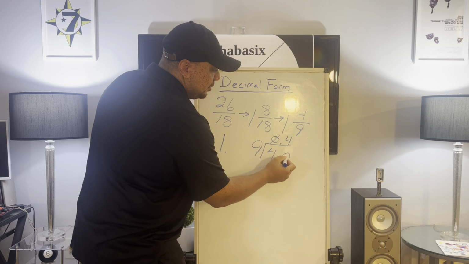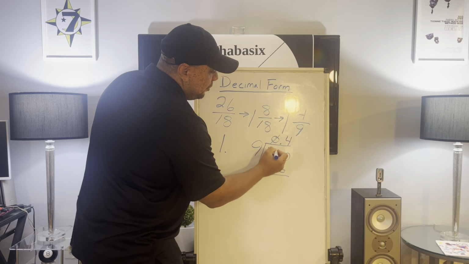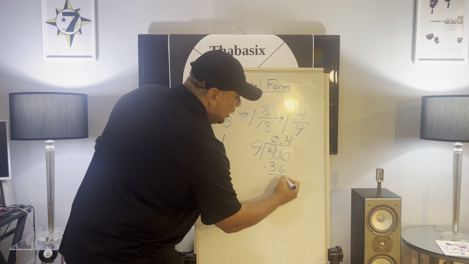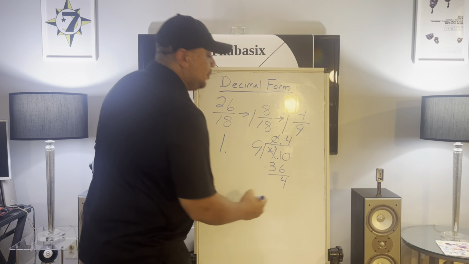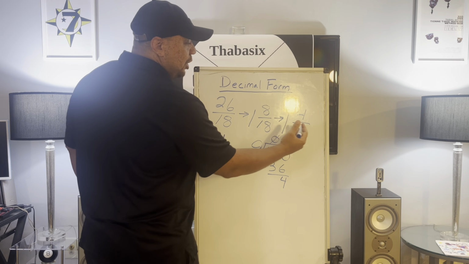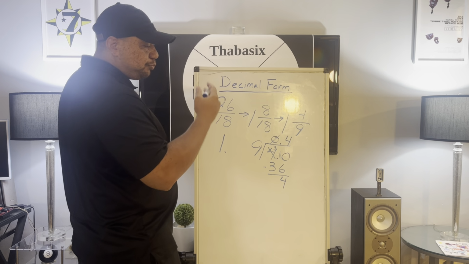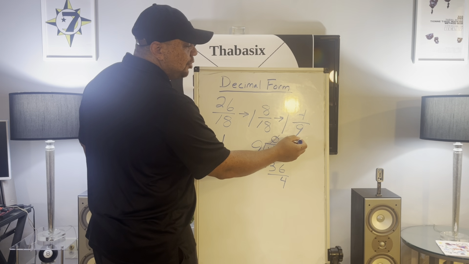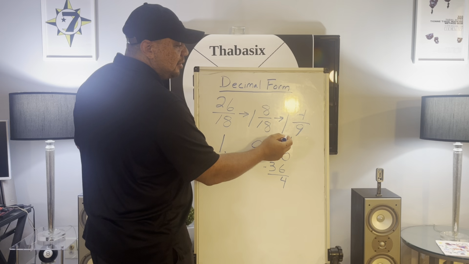Again, we have to borrow. 4 turns into 3, 0 turns into 10. It equals 4. So we need more space. Usually in decimal form, we go out 2 places. This is the tenths column, that's the hundredths column.